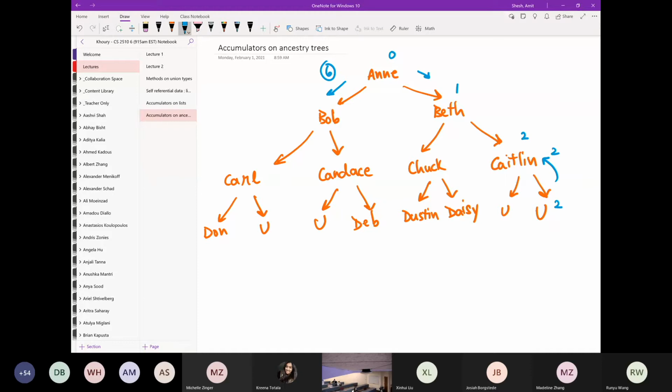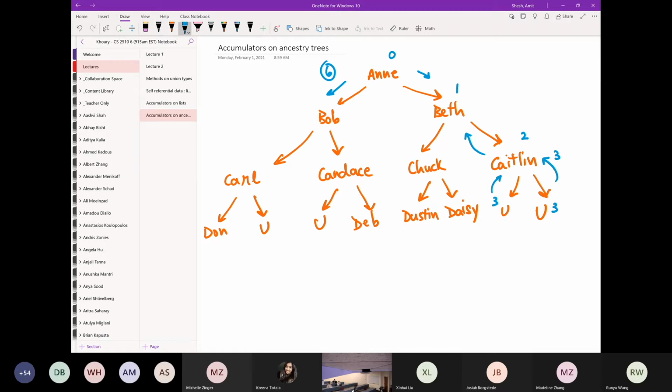So 2 is the number of people that I have seen thus far. Oh, sorry, 3. I made a mistake. 3 is what gets passed here, because Caitlin counts herself, and so 3 is what gets passed back. So far, we have seen 3 people. So that is the accumulator that Caitlin needs to pass to her dad. And then the dad is unknown, so just return what was passed back. Caitlin is done, so just return 3 what is passed back.